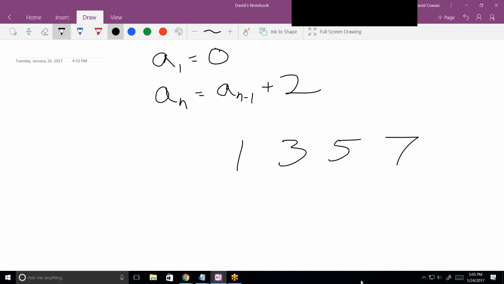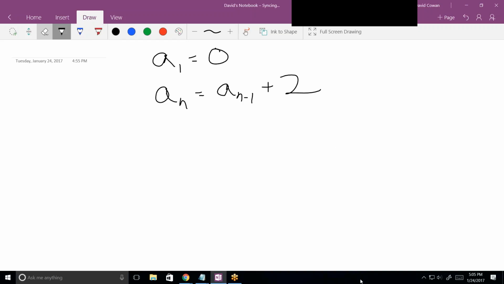That is an arithmetic sequence, 1, 3, 5, 7. If I were to have written 1, 3, 6, that's not an arithmetic sequence. For it to be arithmetic, every number in the sequence has to be separated by the same amount.